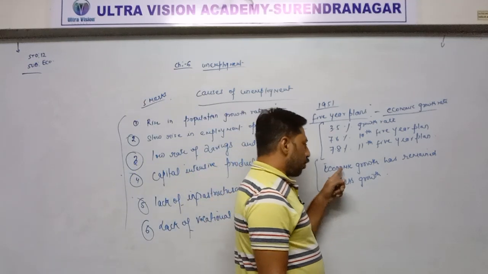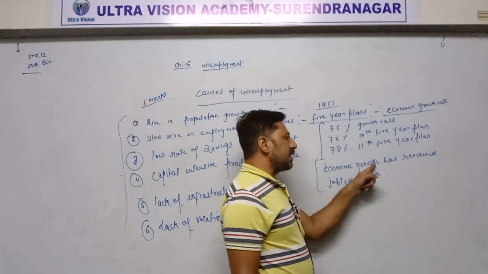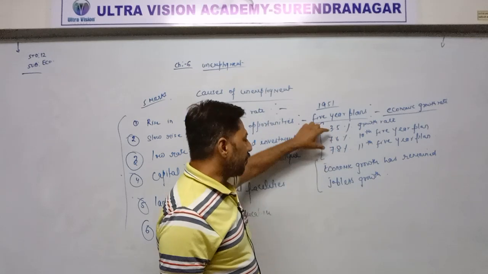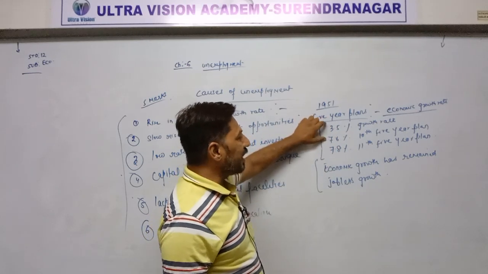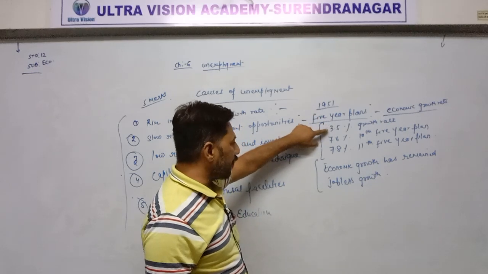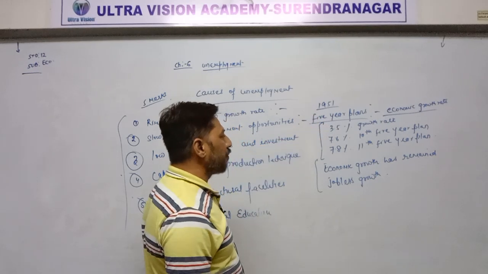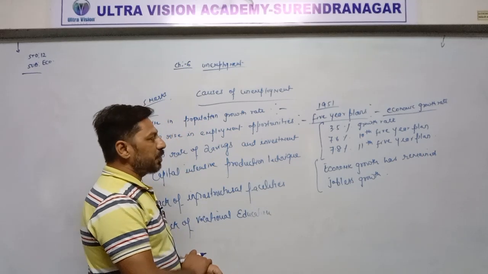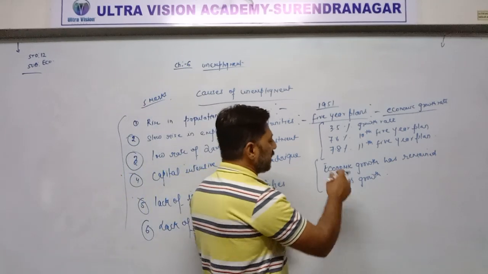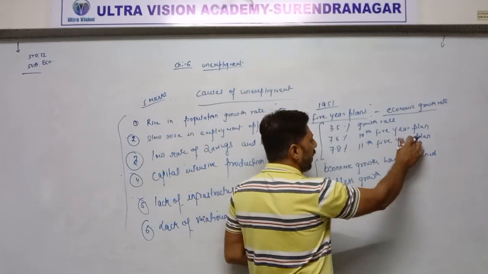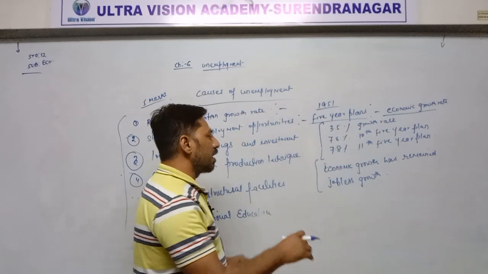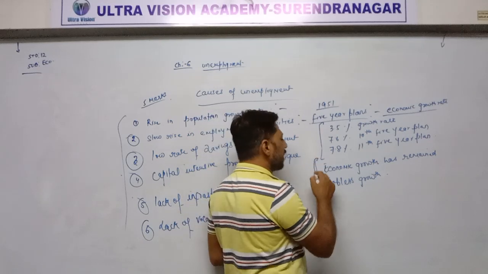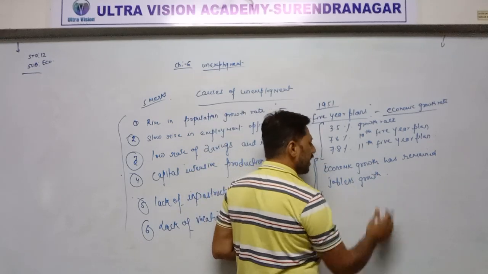It means growth rate was continuously increasing, and on the basis of data we can observe that India has achieved continuously increased growth rate. At the time of independence they achieved 3.5%, then it increased to 7.6%, and again to 7.8% in the 11th 5-year plan. But along with this economic growth rate, the Indian government was not able to create job opportunities for various individuals.